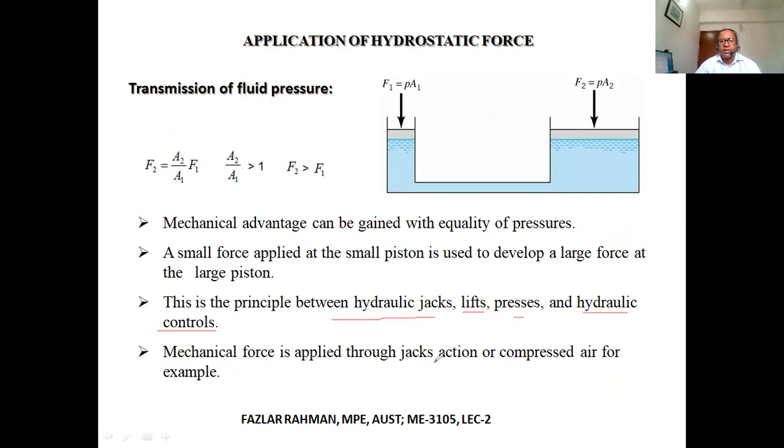Mechanical force is applied through the jack action or compressed air. Say you are driving a car, your tire goes bad, and you need to change it. You just put a hydraulic jack or pneumatic jack, same thing. A hydraulic jack uses fluid and a pneumatic jack uses air. But if you apply little force by your foot or by hand, you are able to raise your car gradually due to this reason.